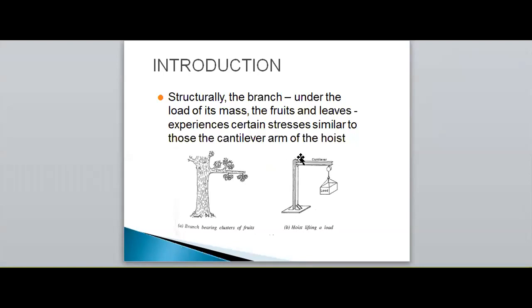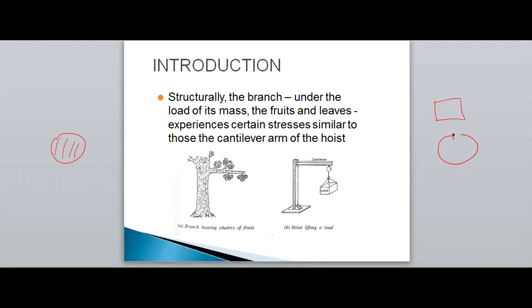It is fixed at this point and the other end is free, and we are applying the load. That means it is a cantilever beam. So a branch feels like a cantilever beam, whose cross section is circular. But here the cross section will be rectangular or circular.